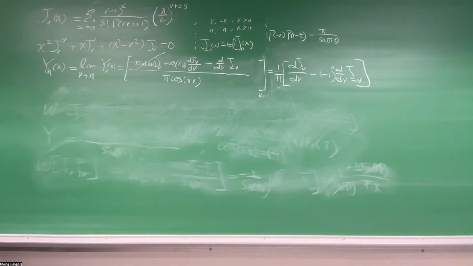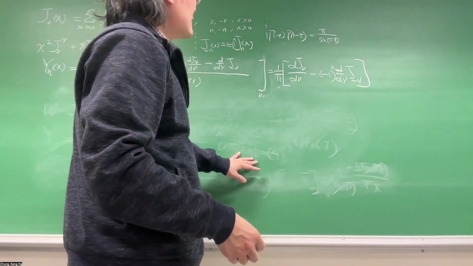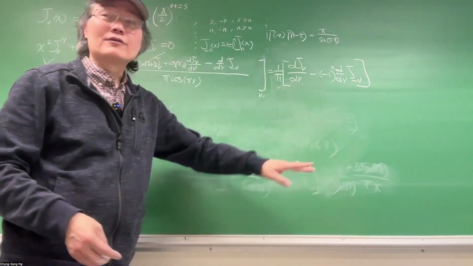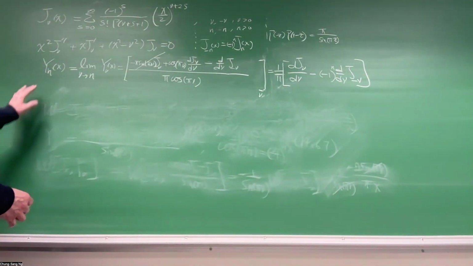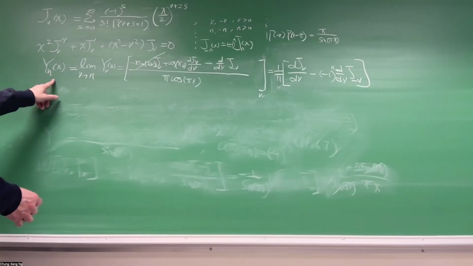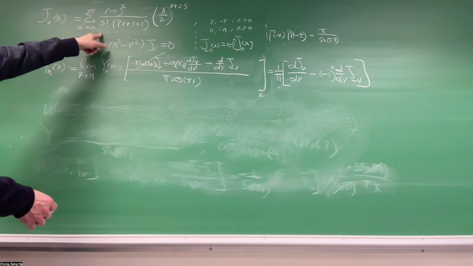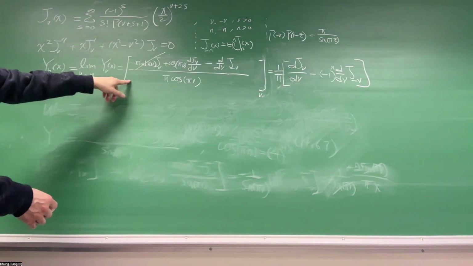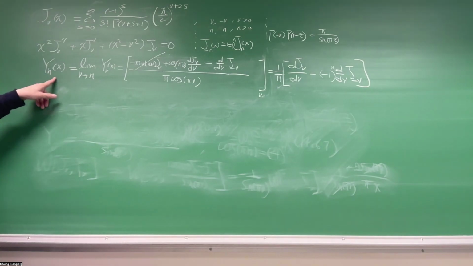Okay, so the idea is we finally get the expansion for y sub n, which is more complicated than this one. The main feature is to show that all these Y sub n are singular near x equals 0.